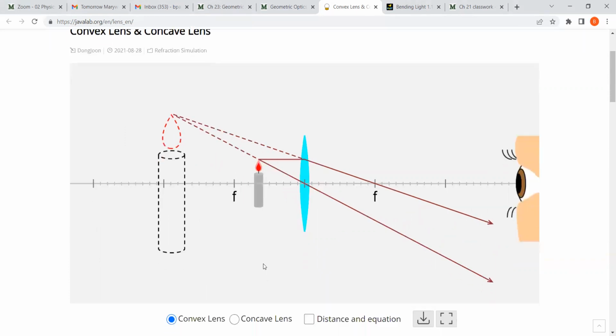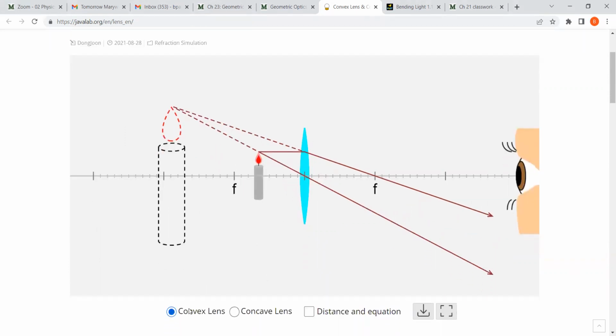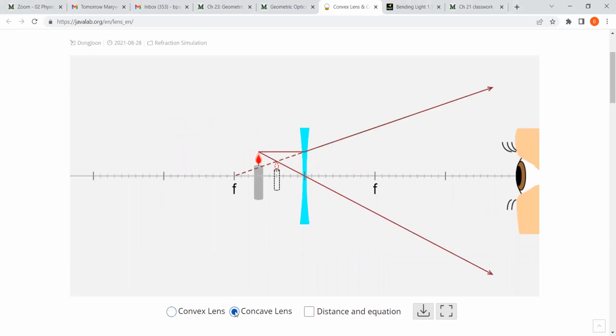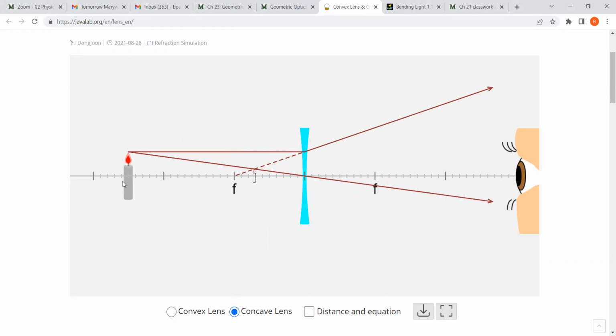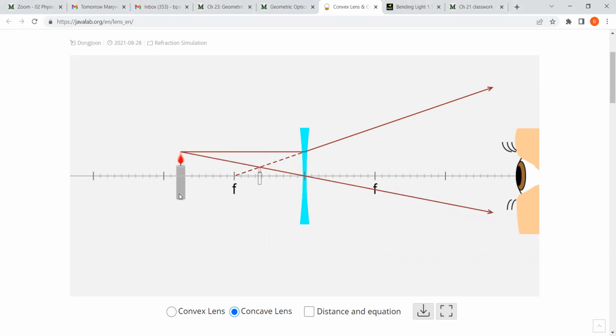So for this double convex lens, we could have both images. On the other hand, for a concave lens, we have only one type of image. This is the virtual image, which is upright. You also see a similar thing in mirror, right?